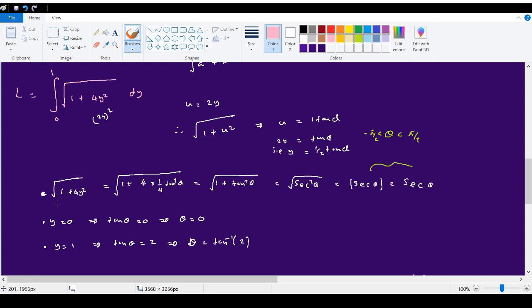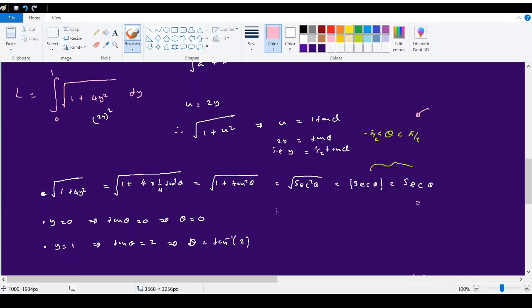The simplification will be like this, right? So once you have the given substitution, the square root term can be written like this. And remember, we are dealing with a very specific range of the angles, and then we have to convert everything back. This is originally in the y variable, and we have to convert everything in terms of theta.